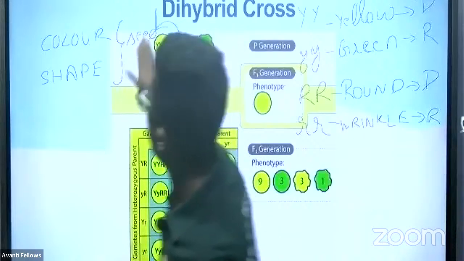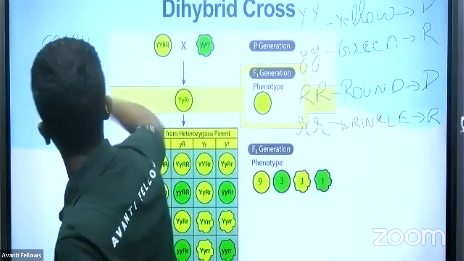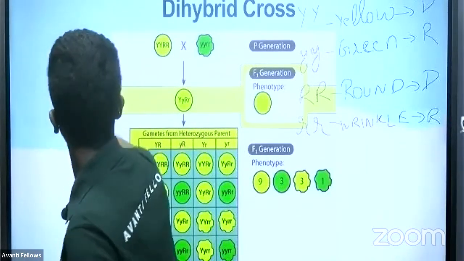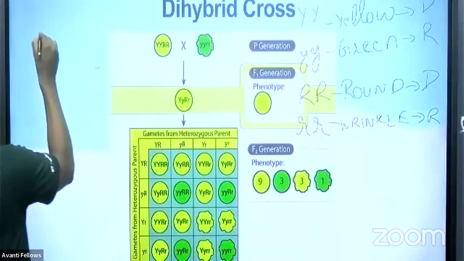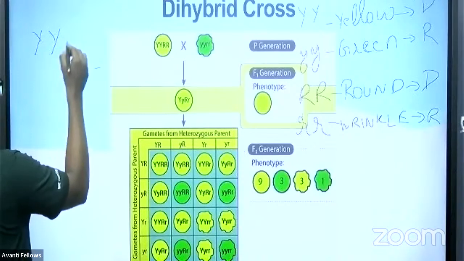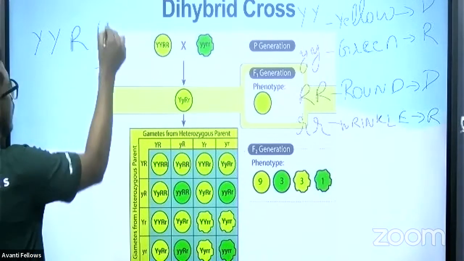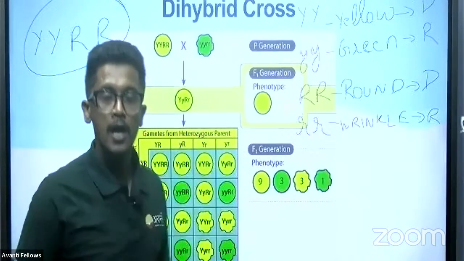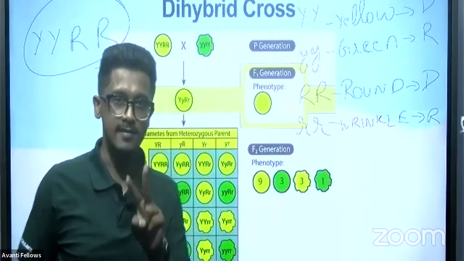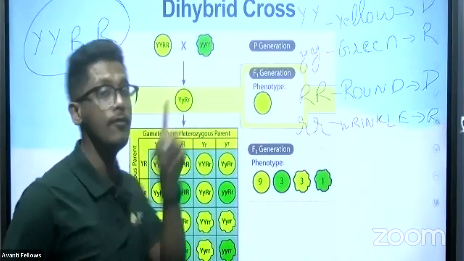So their alleles should be capital Y, capital Y, and capital R, capital R. Here we are using 4 alphabets. Remember, for each character, 2 alleles. That's why we have to represent all 4 of them.